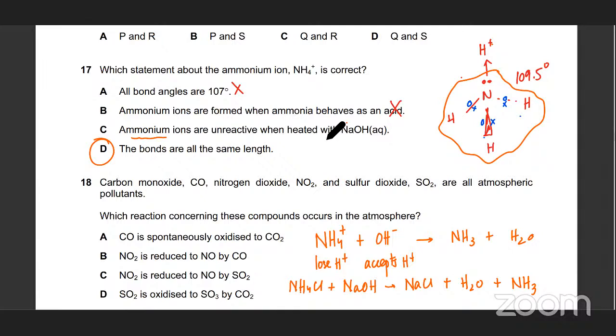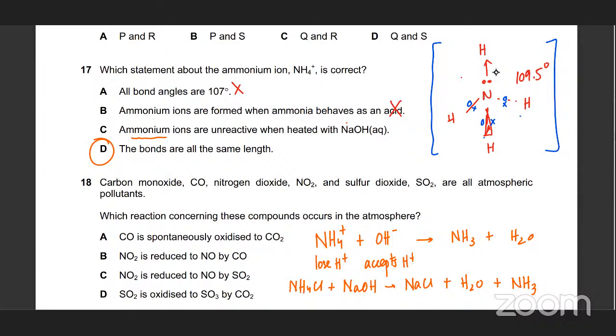And once a dative bond is formed, remember, the charge would not just be on H plus 1, it would be on the entire molecule. Once a dative bond is formed, this plus 1 charge is going to vanish from that point. Why would it vanish? Because its charge is gone, since it got a lone pair from here. Now the charge would be on the entire thing because the entire molecule now is electron deficient.